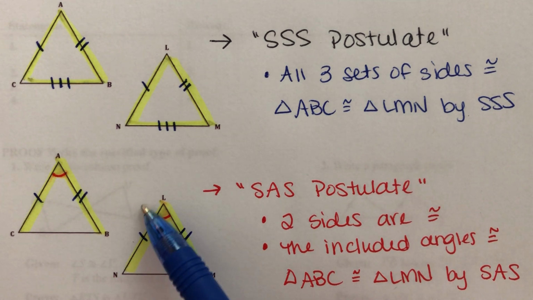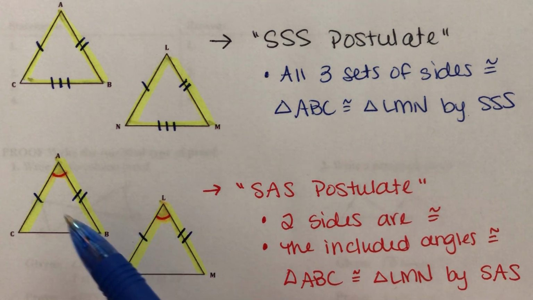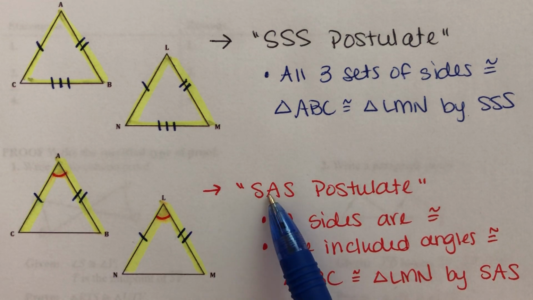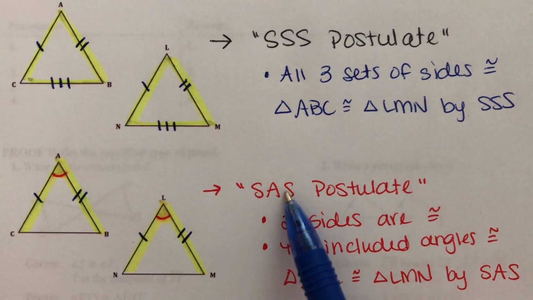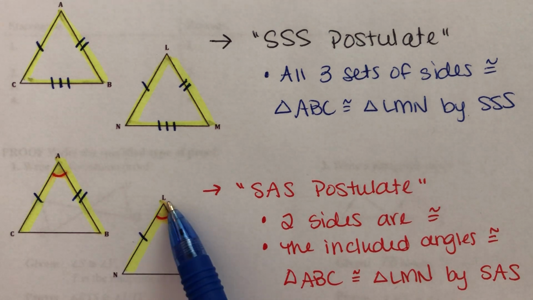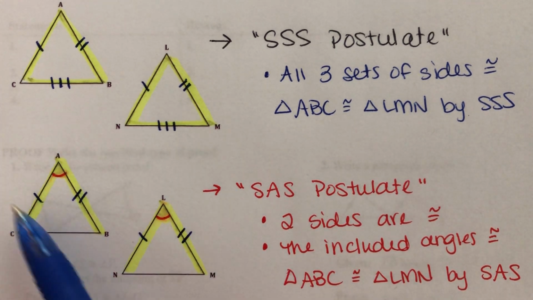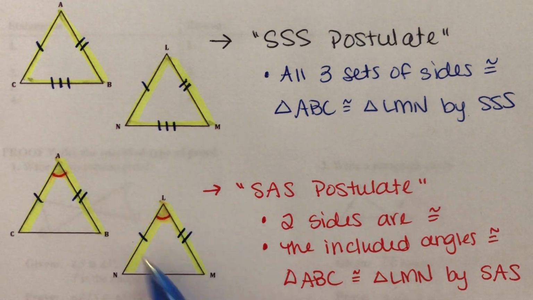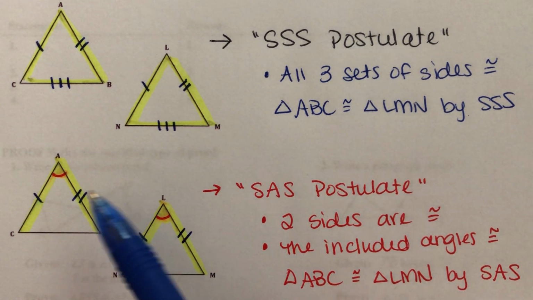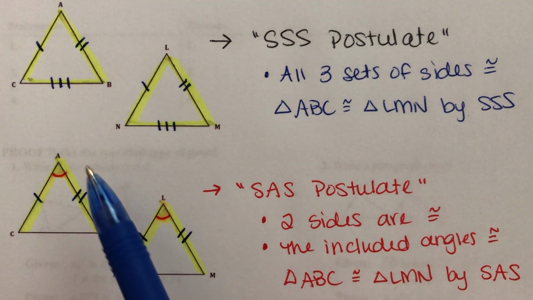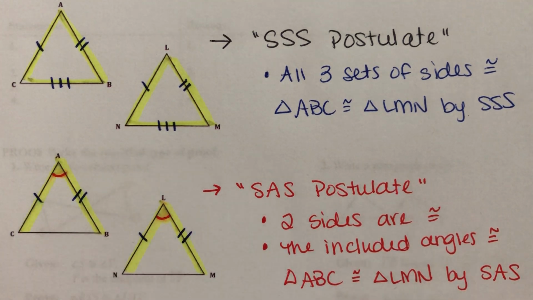So side, angle, side is congruent to side, angle, side, SAS. Just like the A is between the 2 S's, the angle has to be between the 2 sides, right? And if that's the case, then we know this entire triangle is congruent to this entire triangle. All we had to know was that these 3 parts were congruent, and we can go ahead and make the leap and say, then everything in them must be congruent.